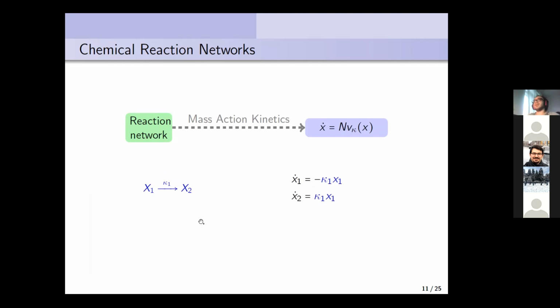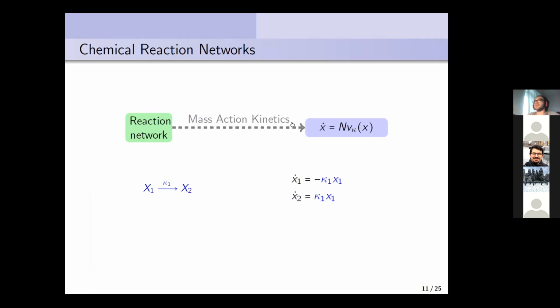What this reaction network is telling you is that there is substance x1 and there is substance x2, and x1 is getting changed into x2 with the reaction rate of kappa 1. This reaction rate is just a parameter that regulates how likely your reaction is going to occur, essentially.